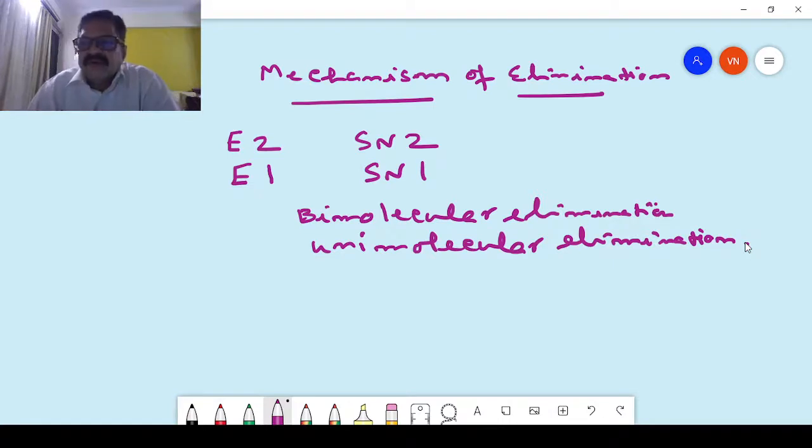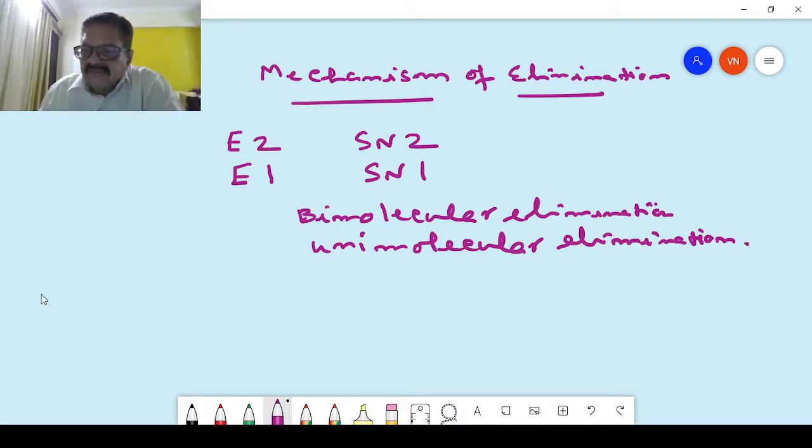The E2 mechanism is the most common mechanism of elimination in dehydrohalogenation reactions, not E1. E1 is not that useful, and we will discuss that.